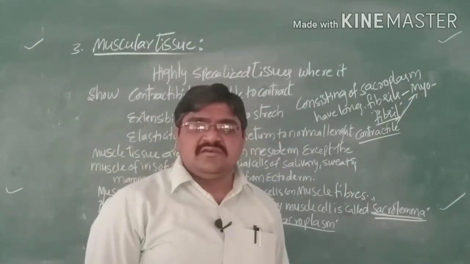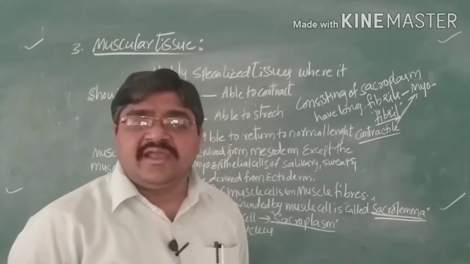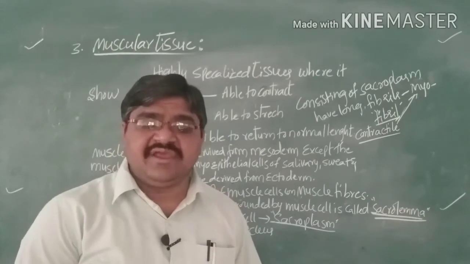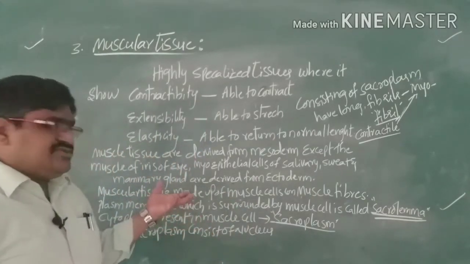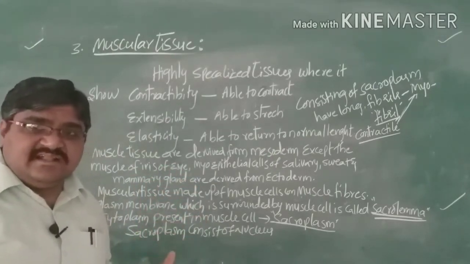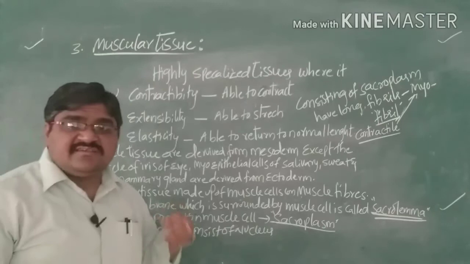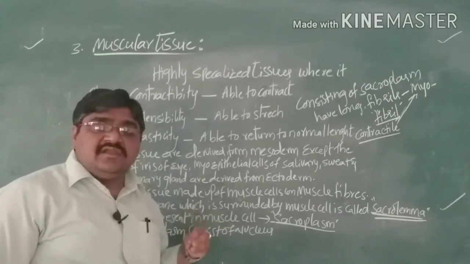So these are the characters of muscular tissues. Muscle tissues are made up of muscle fibers or muscle cells, surrounded by a thin plasma membrane.